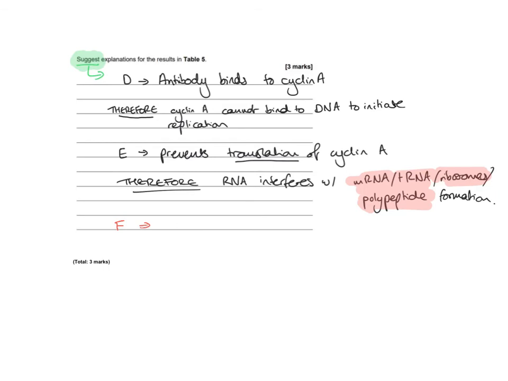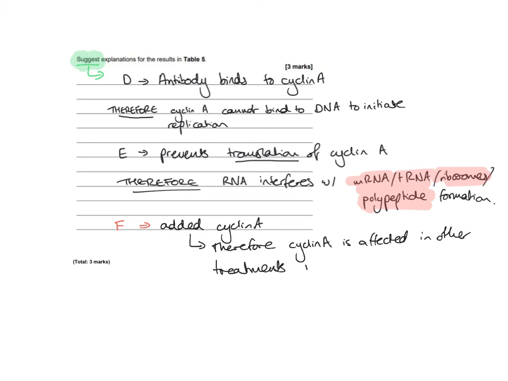We've got something preventing translation of cyclin A, but we've also artificially added back in more cyclin A. So we've got added cyclin A, which shows that the other treatments are being affected by this loss of cyclin A. So therefore, if adding cyclin A restores this function of DNA replication, therefore cyclin A is affected in the other treatments and is also required for DNA replication, which is only a suggestion in your stimulus material.